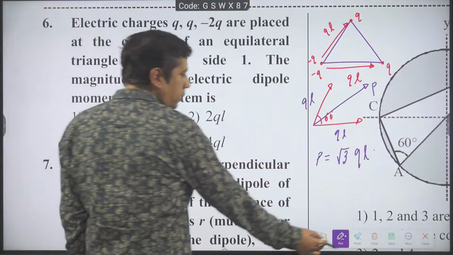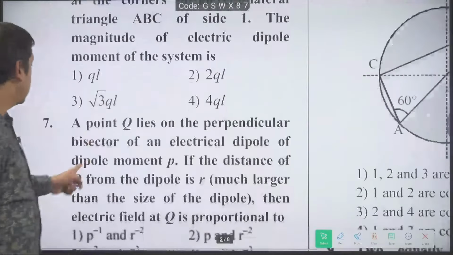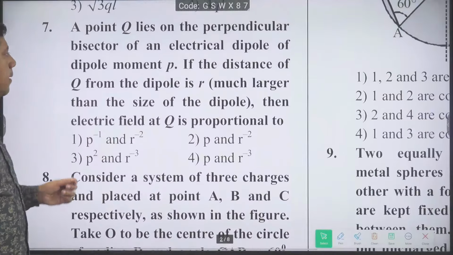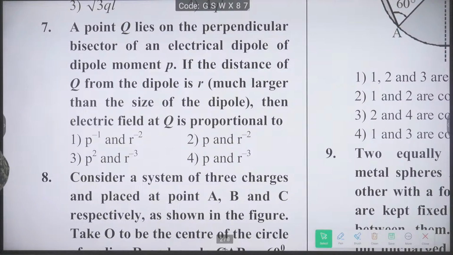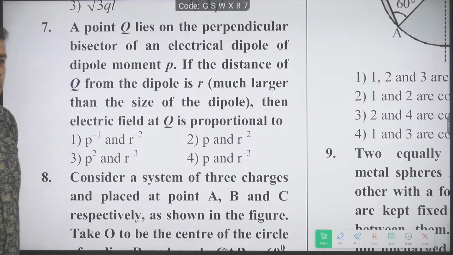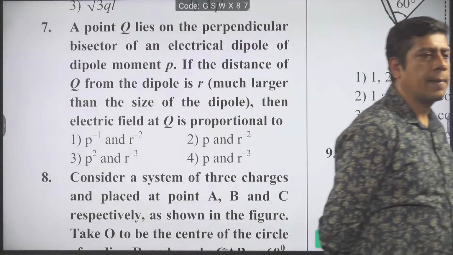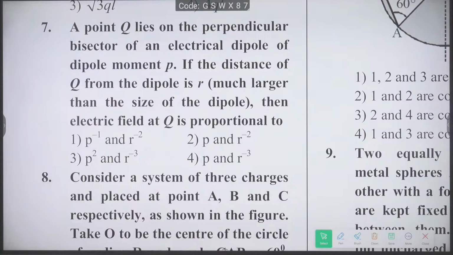Okay, question number 7. This is a theory question. I hope you remember the result. Option 4. Fourth option. Good, all are correct because option 4 is correct.